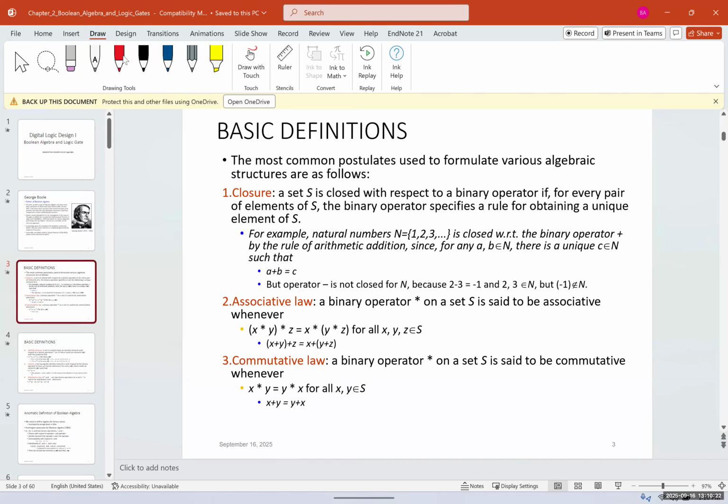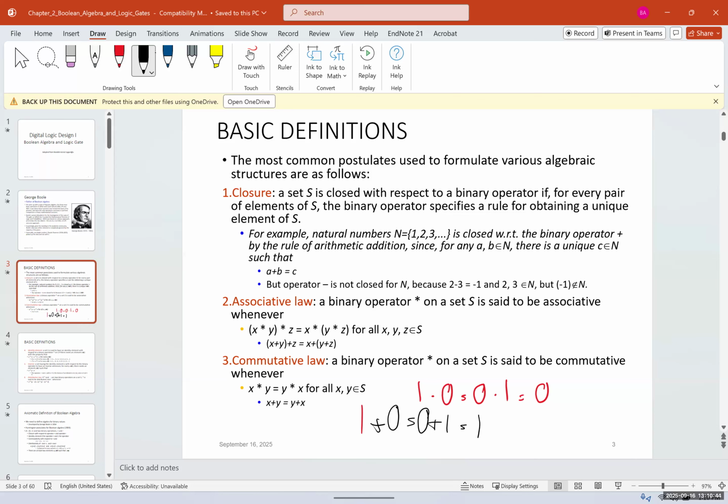So we can write it like this: 1 AND 0 is equal to 0 AND 1, which is equal to 0. This is a proof for that. Or 1 plus 0 is equal to 0 plus 1, which is equal to 1.